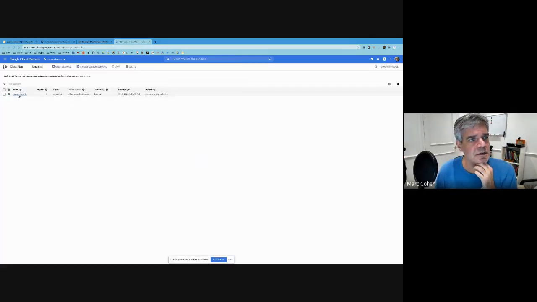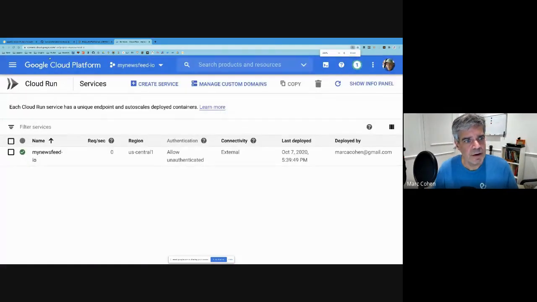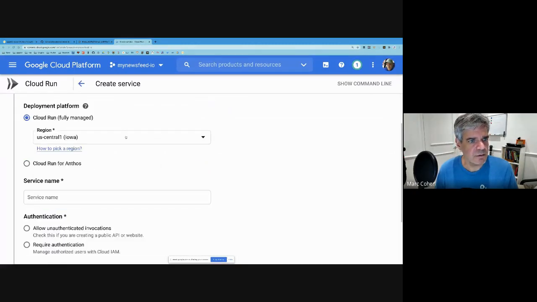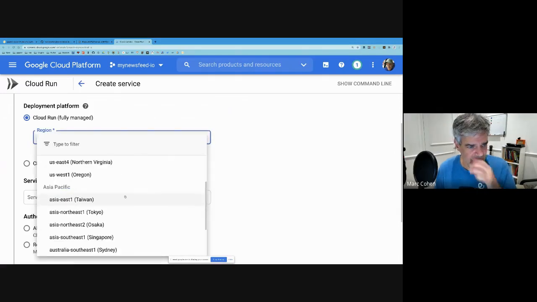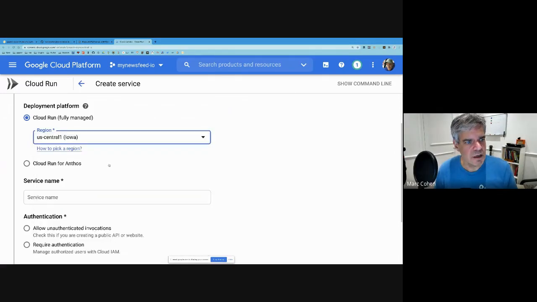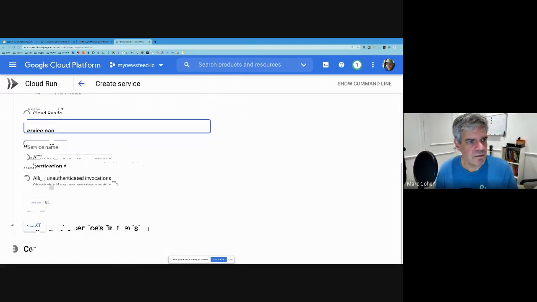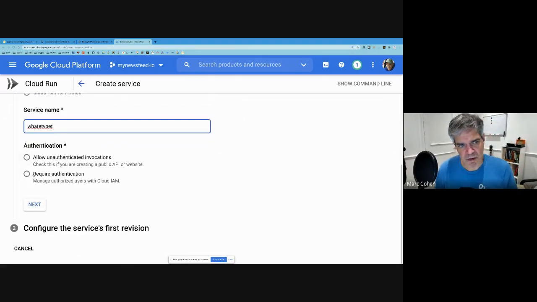Cloud Run is a cloud service for running websites, basically. So you can see here's my site. The way you create these services is quite straightforward. You say where do you want it to run, what region, and they have Europe and Asia Pacific and so on. You name the service, and you say I want to allow all, or you want to require authentication.